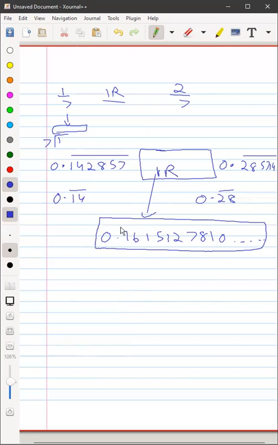Can I just add anything after 16? Anything beyond 0.142857 up to 0.28: it has to be greater than the first number and less than the second.